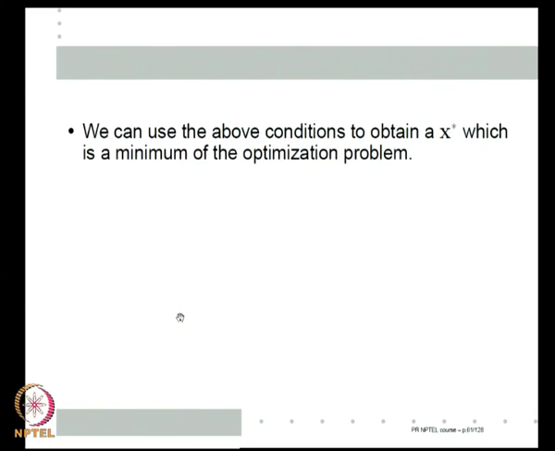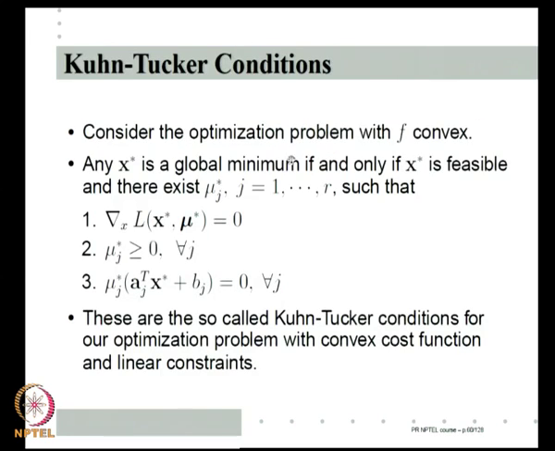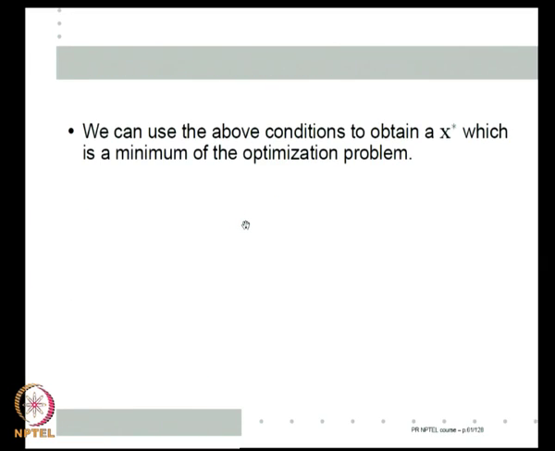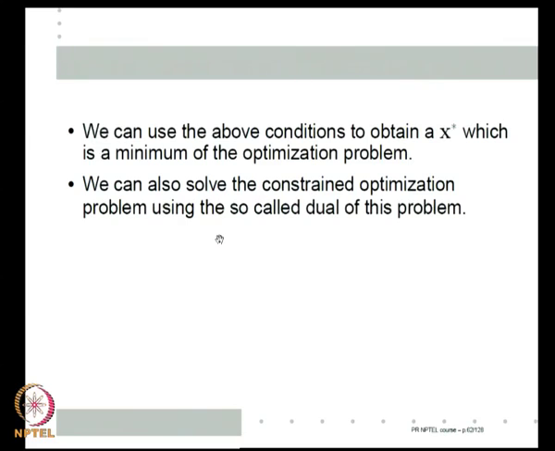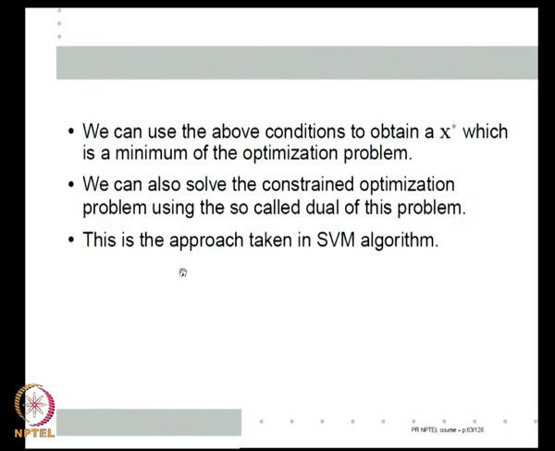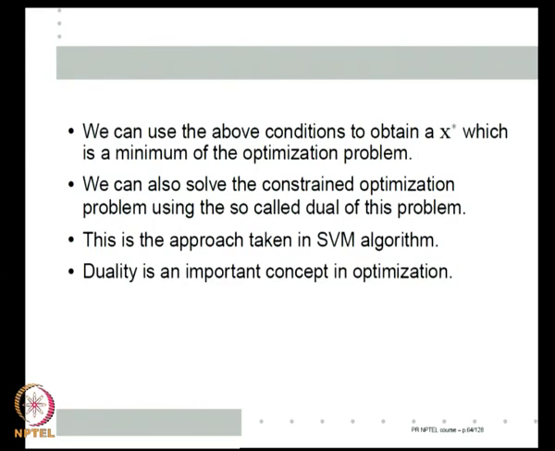So, there is a way of solving the constrained optimization problem by finding an x star which satisfies these Kuhn-Tucker conditions. There are many other methods, just like gradient descent, there are other numerical techniques for solving this, but we will look at one particular technique which is used for the support vector machines, which is solving it using the so-called dual of the problem. Duality is a very important and deep concept in optimization.